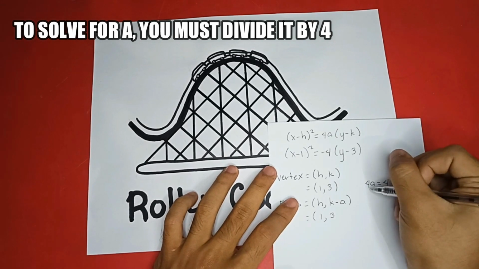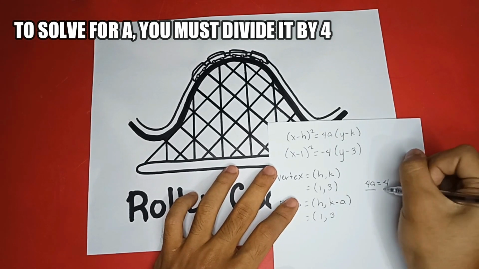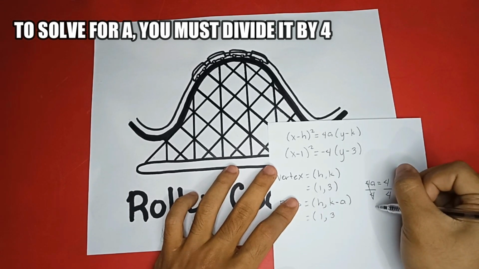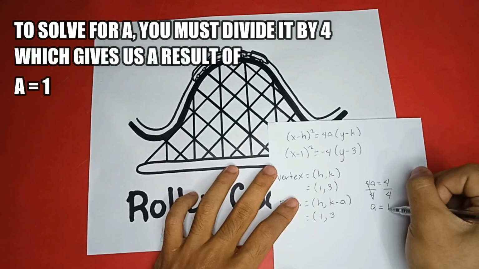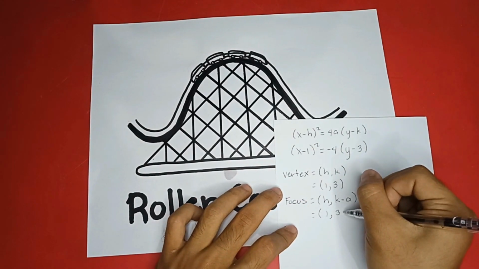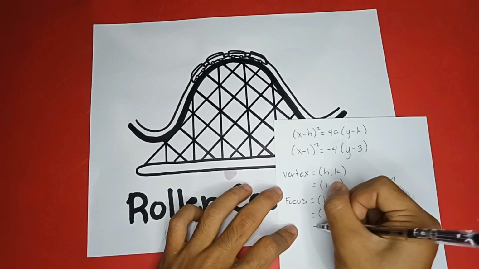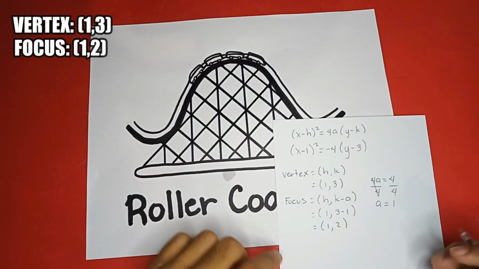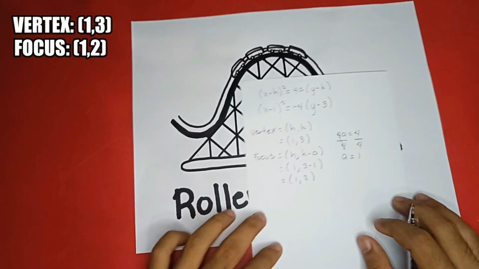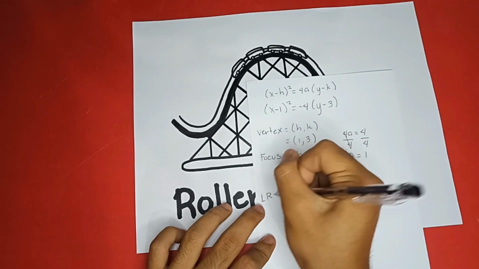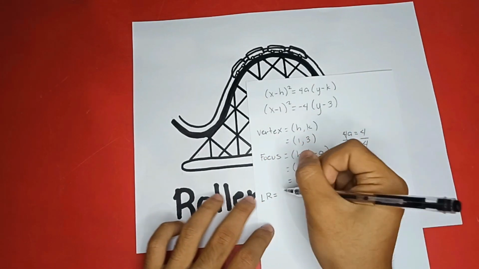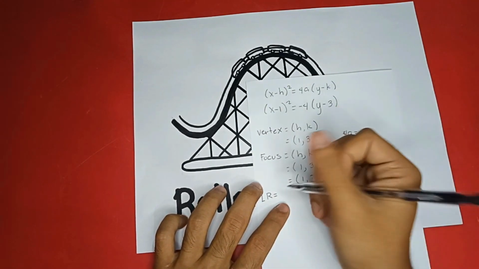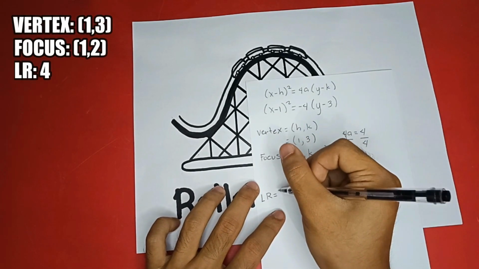Now we divide both sides by 4, and our a is 1. Now, 3 minus 1 is equal to 2. Our focus is (1, 2). Next is the LR, the latus rectum. The equation of LR is 4a, and our 4a is 4.